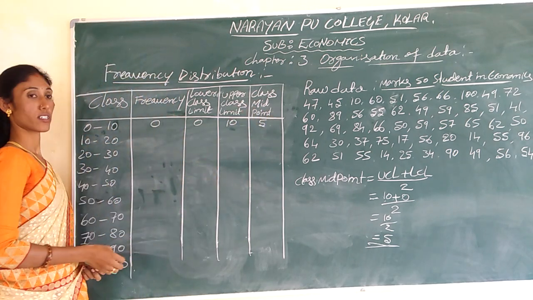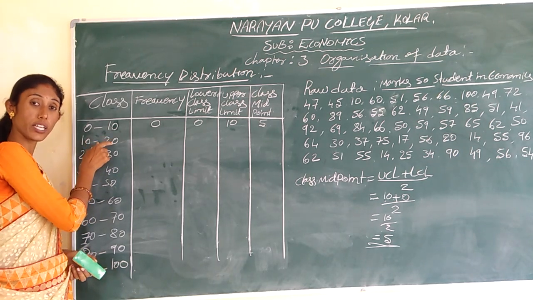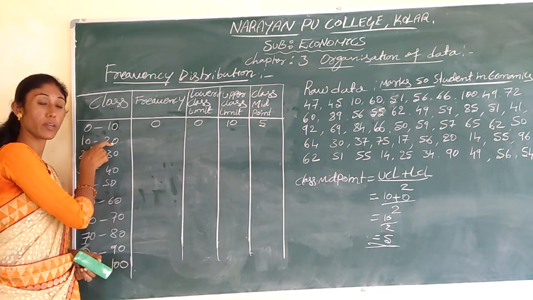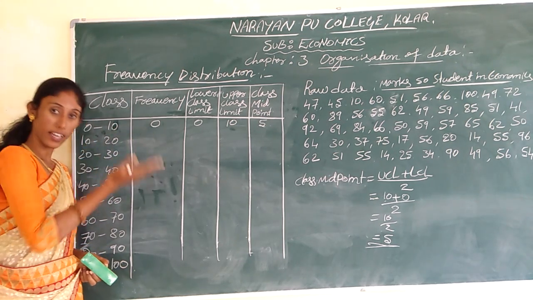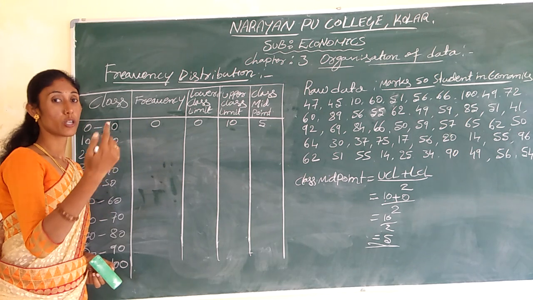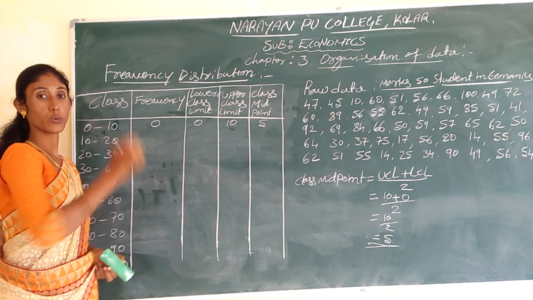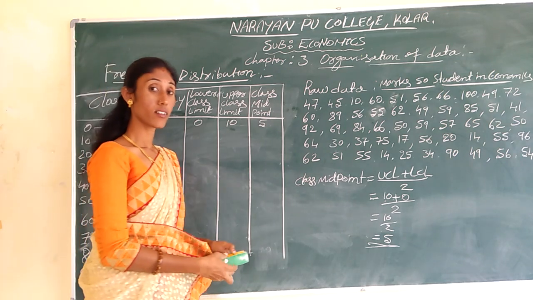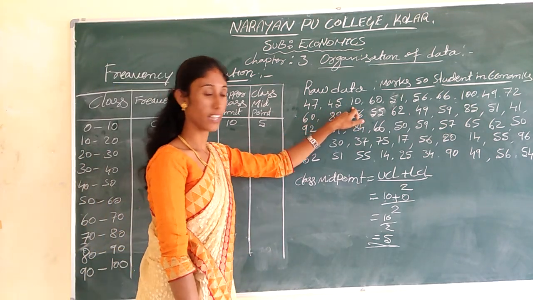Next comes one more class, the class between 10 to 20. For this class we need to find the frequencies more than 10 and less than 20. Here 10 comes for that particular class.